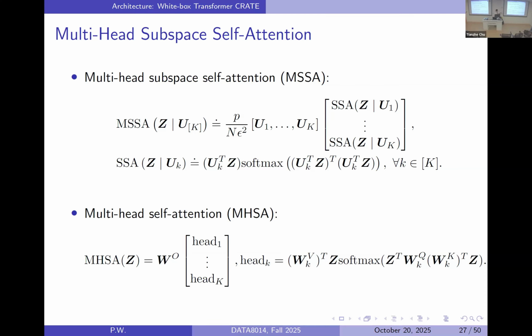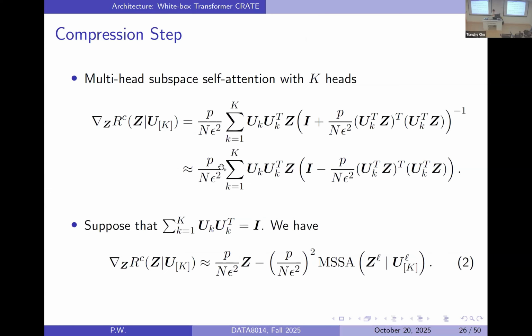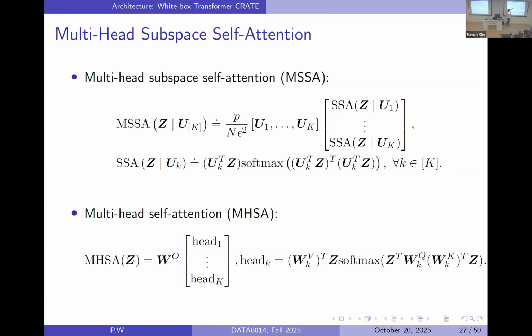You can see we reorganize this thing, going from here to here: U_1 to U_K times this matrix, where each row is this subspace self-attention operator, U_k transpose Z times U_k transpose Z. And here this softmax is what we impose.